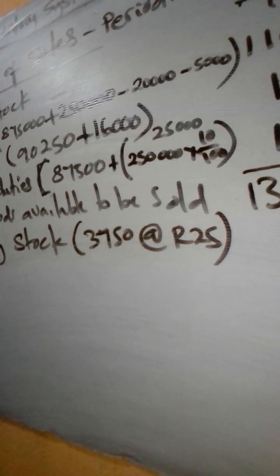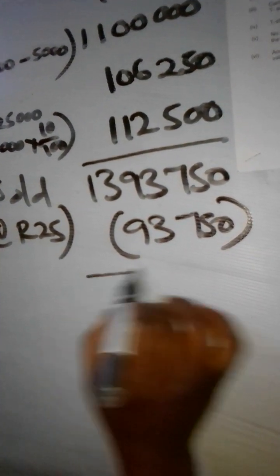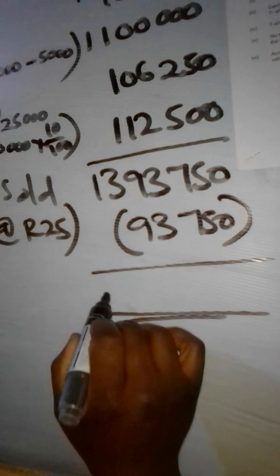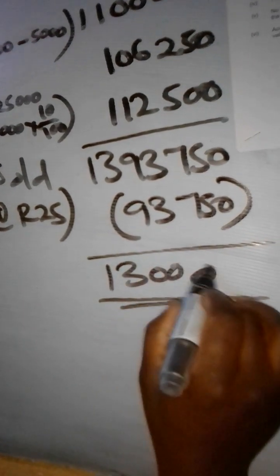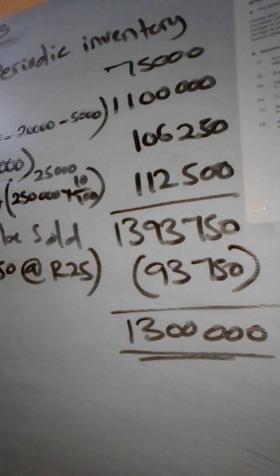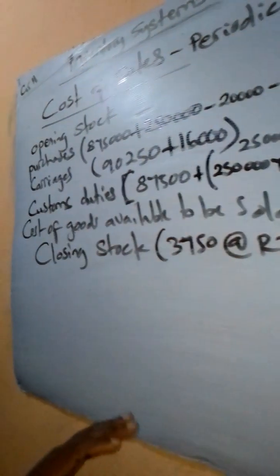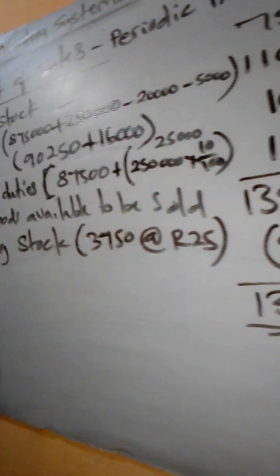If you multiply that, the amount is 93,750. We put it in brackets, we subtract. We remain with a balance of 1,300,000, which is the cost of sales. We collect the 10 marks that they've indicated there.